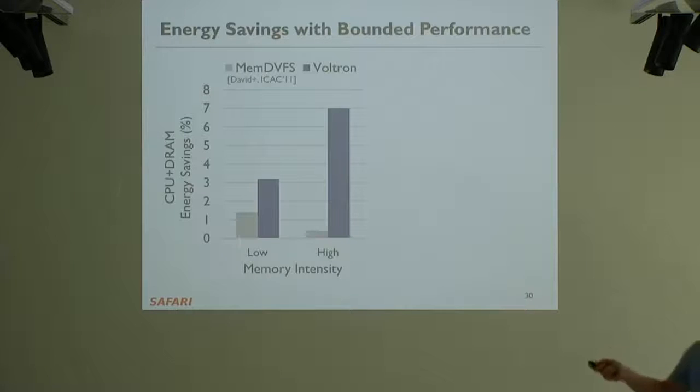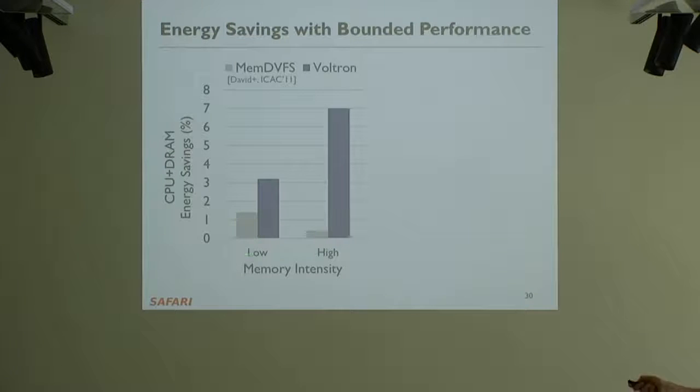Essentially, these are the energy savings that you get with the control mechanisms that we have. I don't think it's the best mechanism, but it still provides you energy savings, as you can see. It's CPU plus DRAM energy savings. The past work works well if the applications have low memory intensity. It works well, meaning that it saves some energy, but not a lot, as you can see over here.